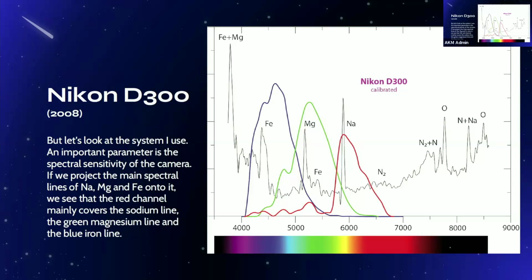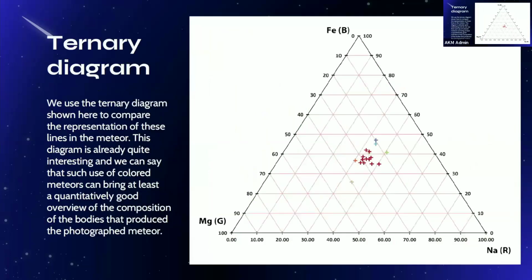So we can use the red channel as sodium, the green channel as magnesium, and the blue channel as iron. And then we can construct a ternary diagram for these meteors.